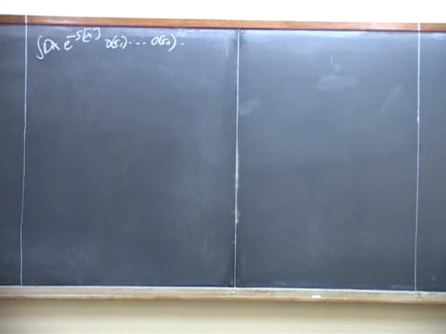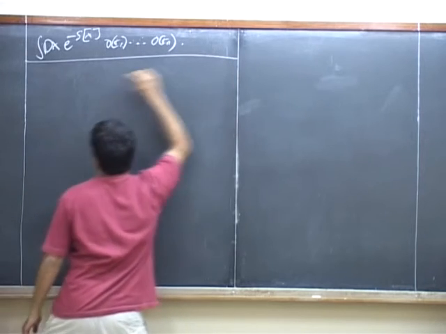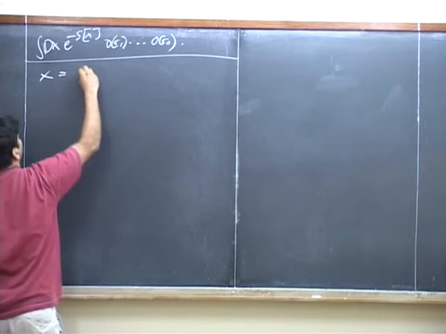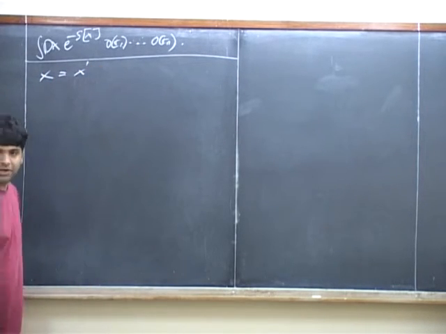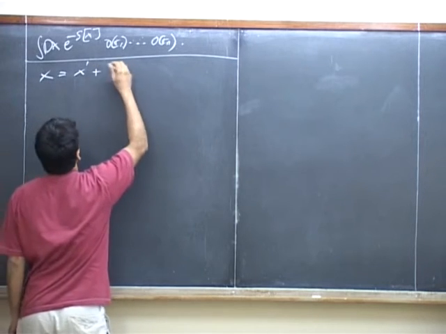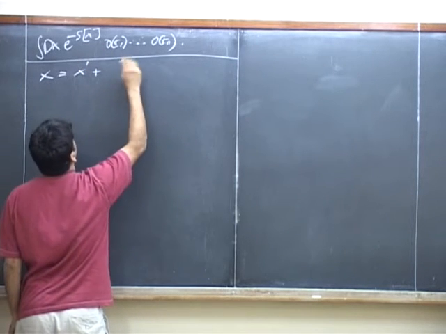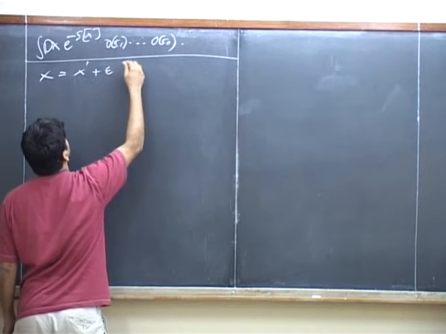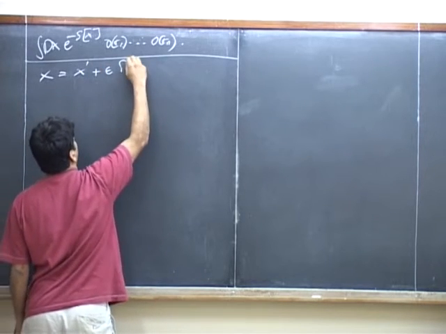Then we define a symmetry operation, as x going to x' equal to x plus epsilon times some delta, an infinitesimal symmetry operation.